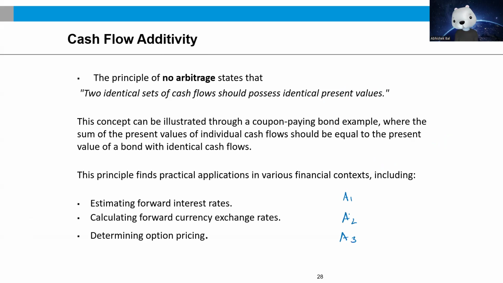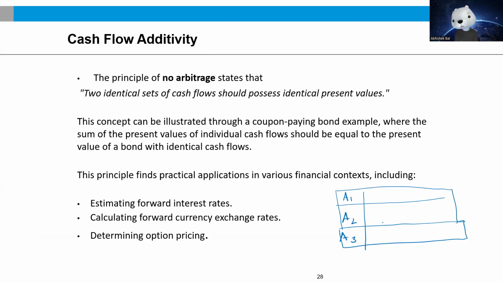Let's understand that A1 and A2 are basically part of the same conglomerate. A3 could be a separate company, but A1 and A2 are definitely part of the same conglomerate, trading in a similar business.